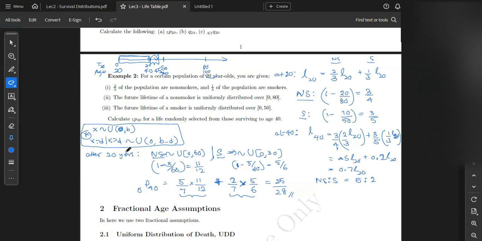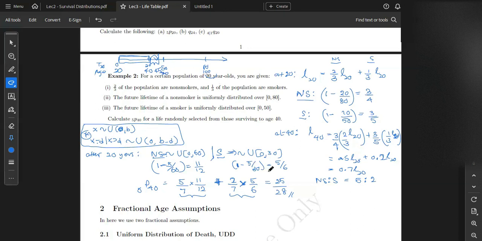Depending on that, our new future lifetimes will follow different distributions. But fortunately, we assumed the initial distribution as uniform, so this conditional distribution became another uniform distribution. Because of that, it was easy to calculate the survival probabilities for 5 more years, from 40 to 45.